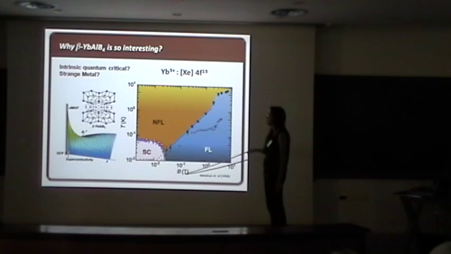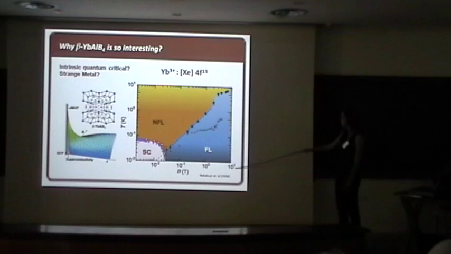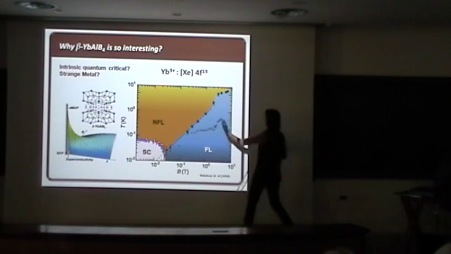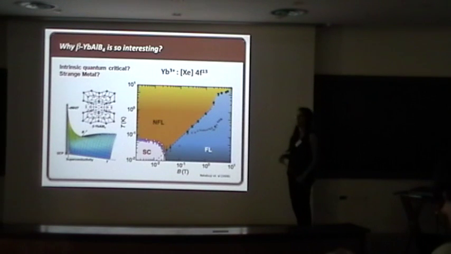At low temperature, below 10 Kelvin, but at fields of this order, they are in the Fermi liquid phase. Those points came from specific heat, and these from resistivity measurements.